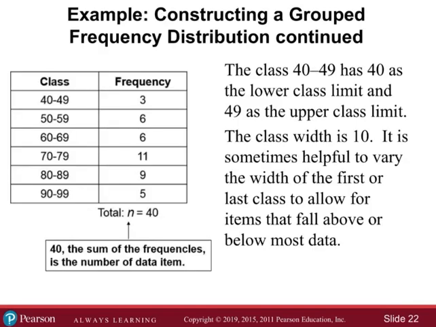So the class 40 to 49 has 40 as its lower class limit and 49 as the upper, so the class width is 10. It's sometimes helpful to vary the width of the first or last class to allow for items that fall above or below most data. The sum of the frequencies is the number of data items, 40. That's fine.